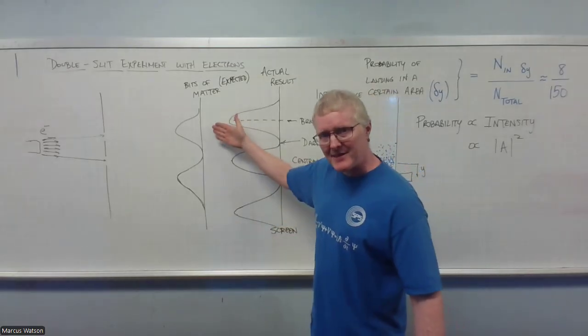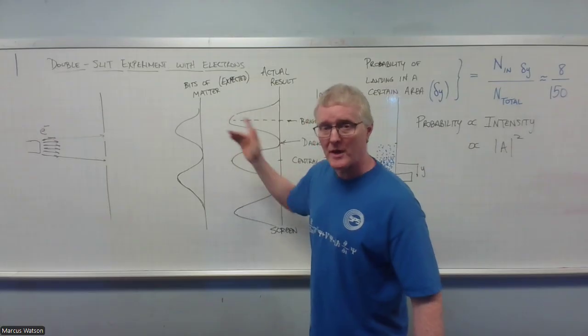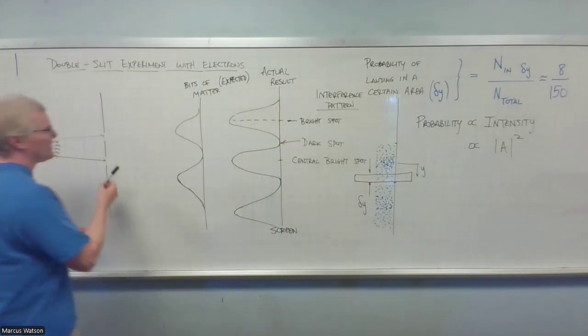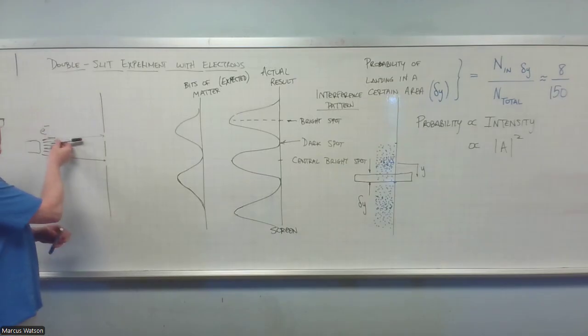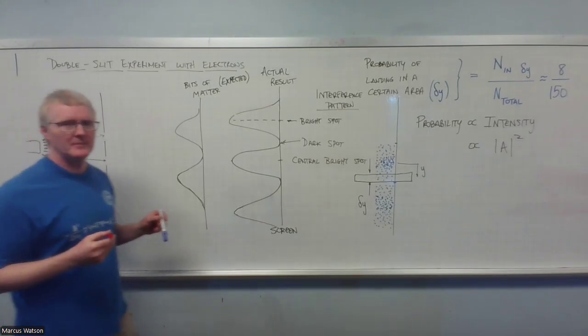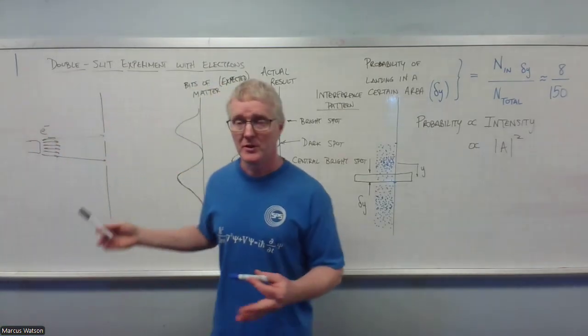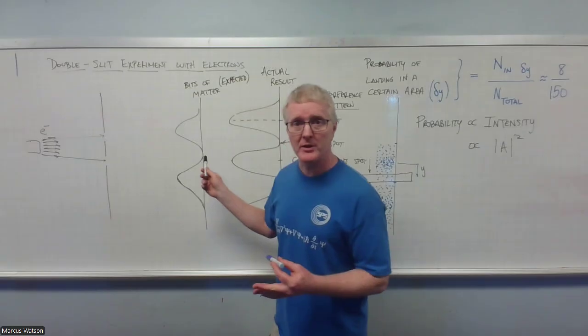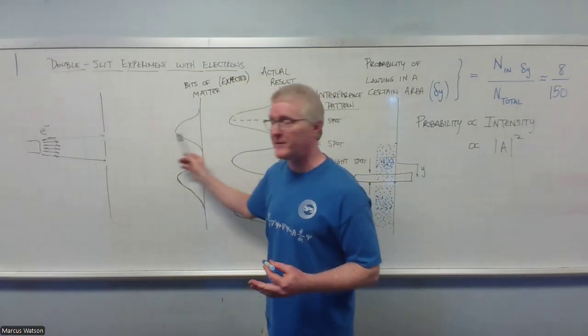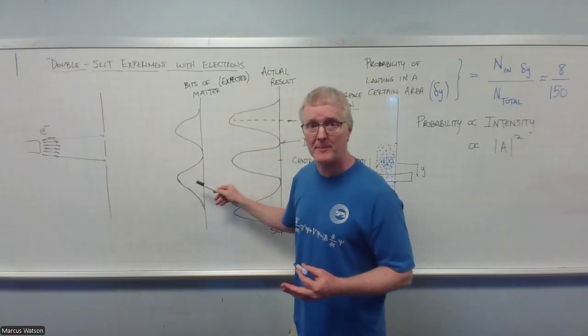The main thing that went into thinking about this was the following assumption. When I fired an electron, it went either through the top slit or through the bottom slit. That was my main assumption in creating this pattern right here. The electron got fired, and either it went up through here and made a pattern there, or it went through this one down here and made the pattern over here.